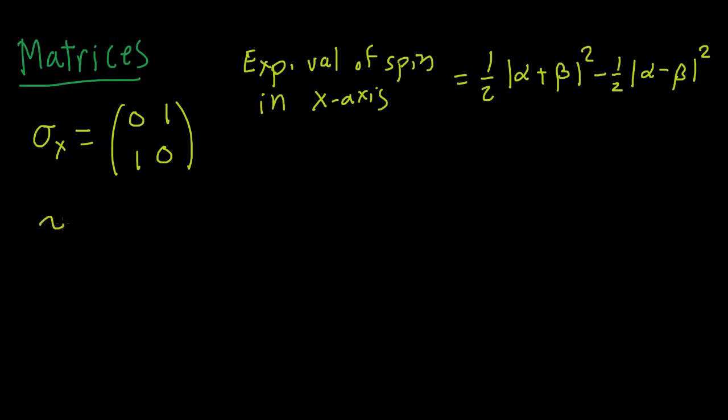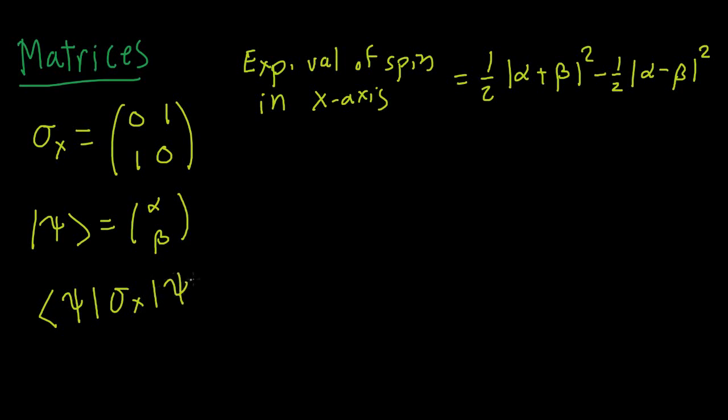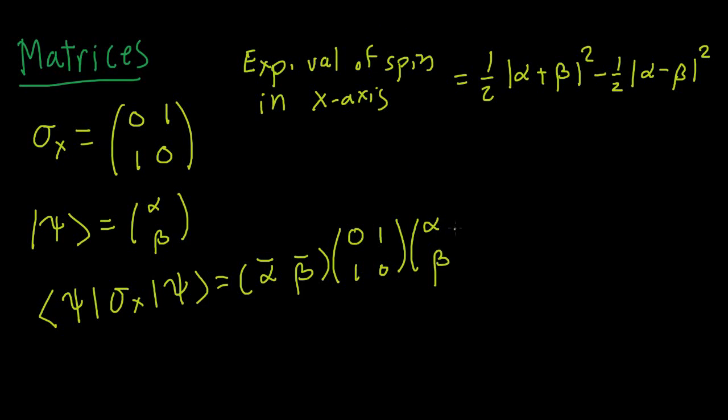So if we have that psi has components of alpha and beta, then the inner product of psi with sigma sub x acting on psi is just equal to the row vector with components alpha bar and beta bar, and then the matrix with components 0, 1, 1, 0, and then the column vector with components alpha and beta.